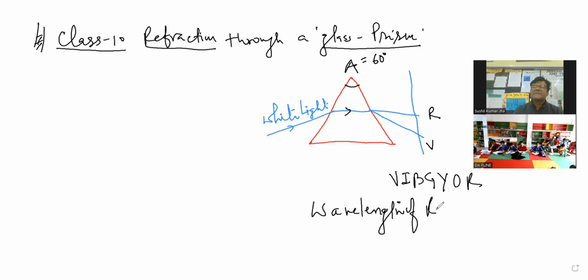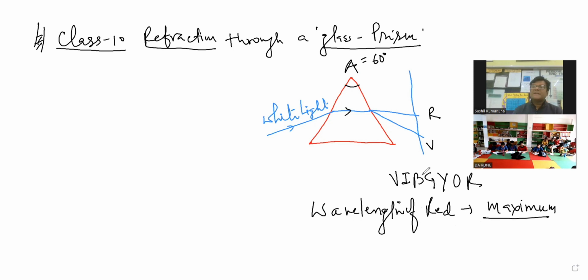The wavelength of red is maximum, more than any other color. So the red deviates least.